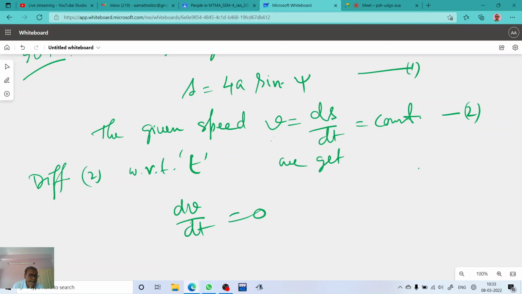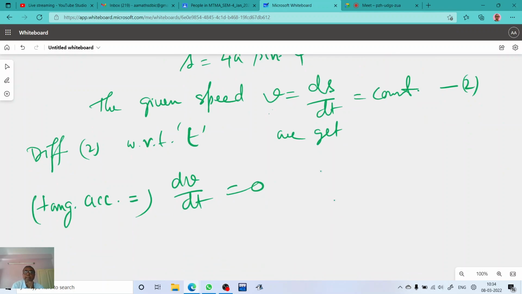What is dv dt? Actually dv dt is the tangential component of the acceleration. Let's call it 3.